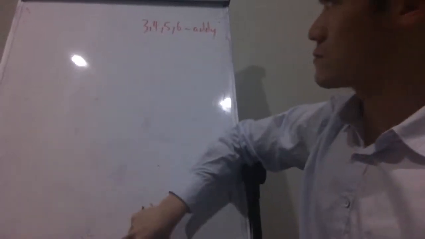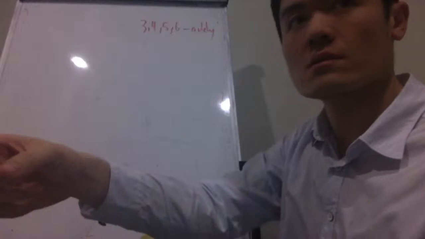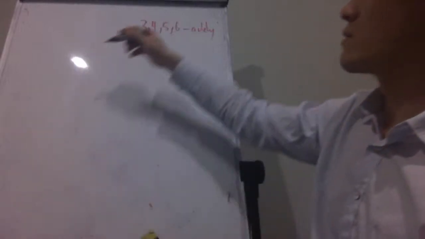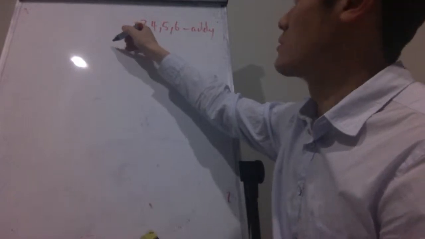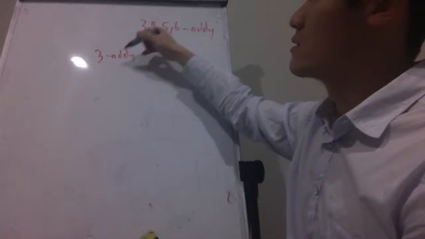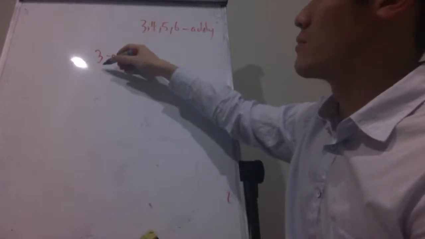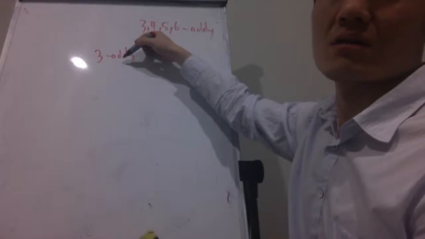Okay, good. What was this? What did he do? Oh, so he proved in general that any odd number, so if it's like 3 addy, right? Because 3 is odd, it means that it's 3 addy if and only if the number is divisible by 3.